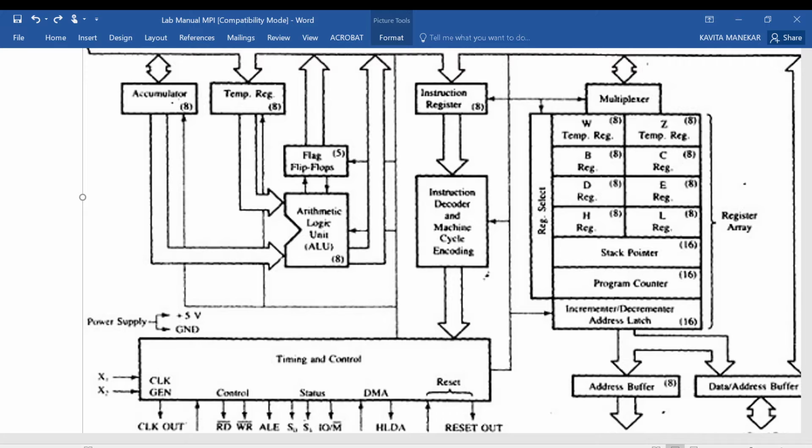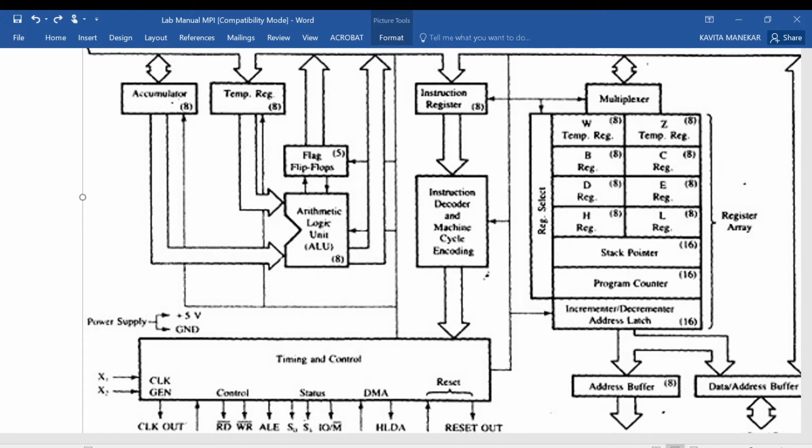So again, WR bar is an active low pin. This signal indicates that the data on the data bus are to be written into a selected memory or IO location. So whenever the write operation has to be performed, the WR pin is made active.